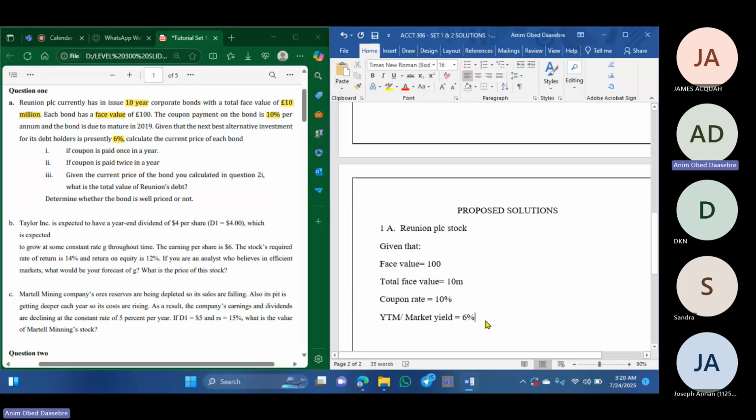So the price if the bond is paid annually.